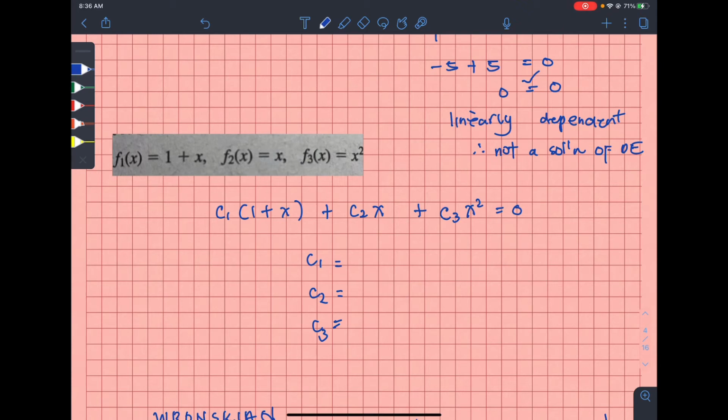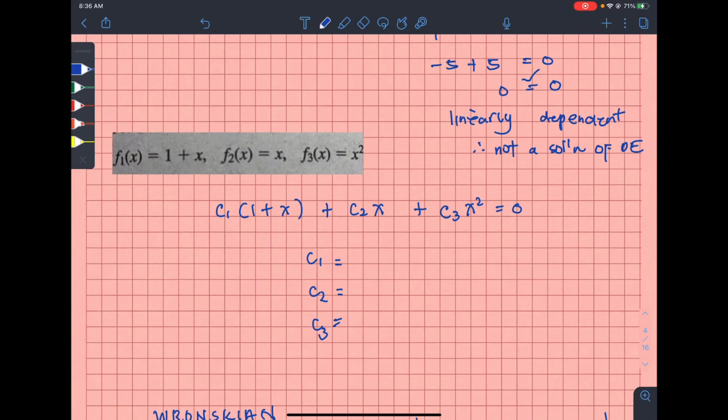So as you can see here, x squared is multiplied with c3. Okay? And there's no x squared on c1 and c2. So therefore, if I want to make that equal to 0, I need to write 0 for c sub 3.